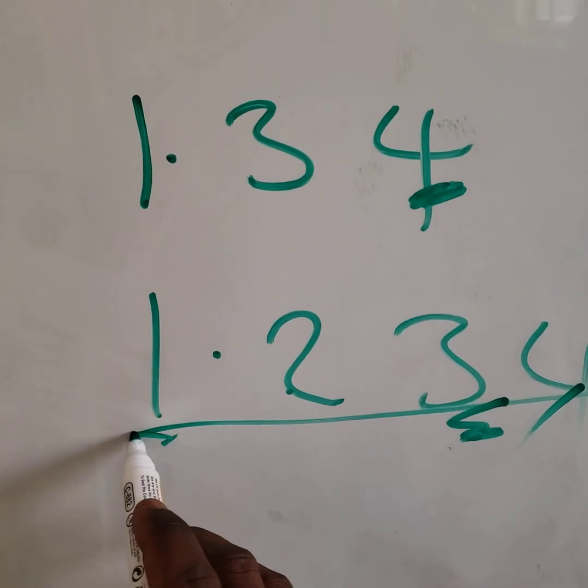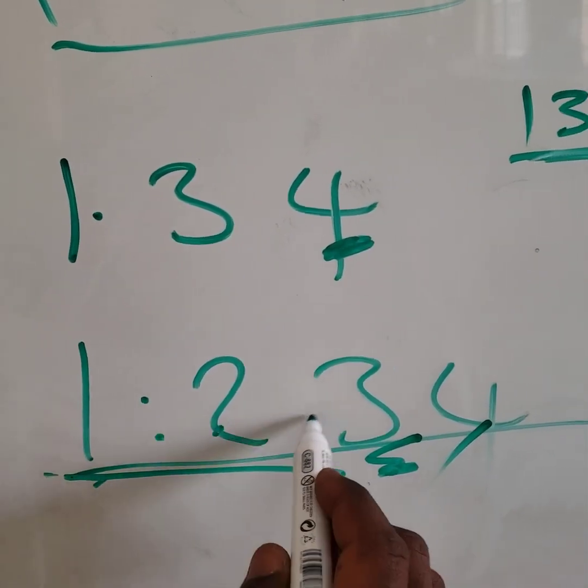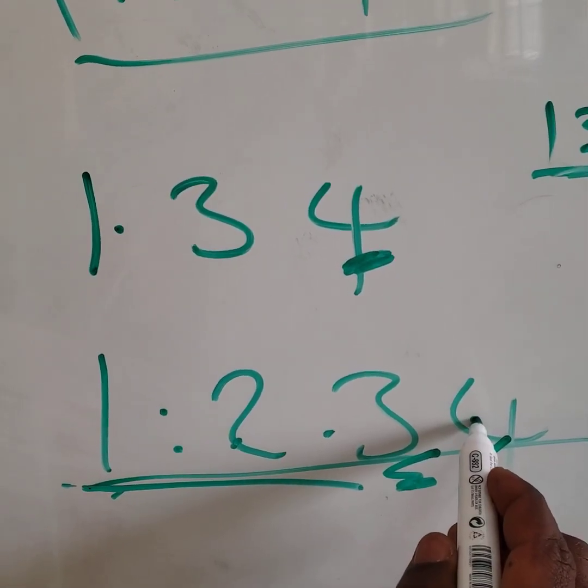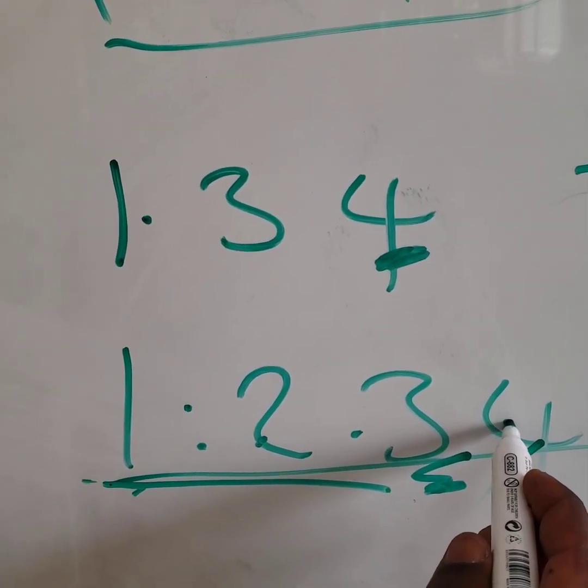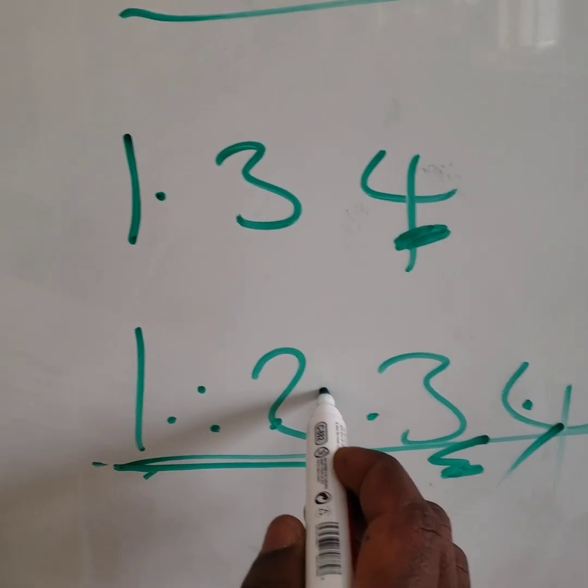So now for something like this, 1.234, okay, let's get to the tape measure and we look at it. But before we go there, you know 1.2, that will be 120, right?